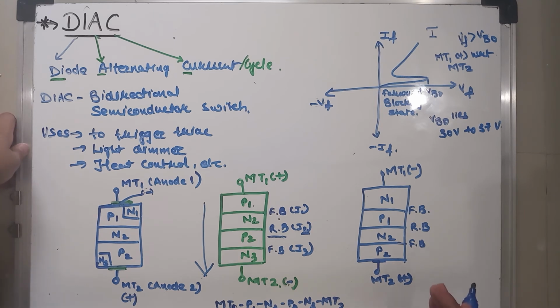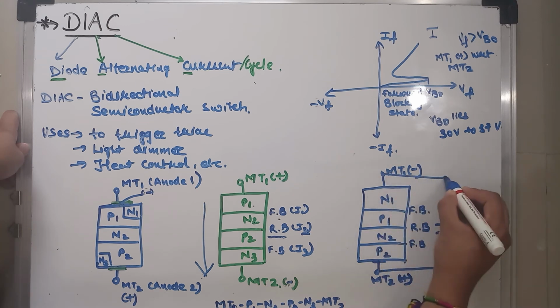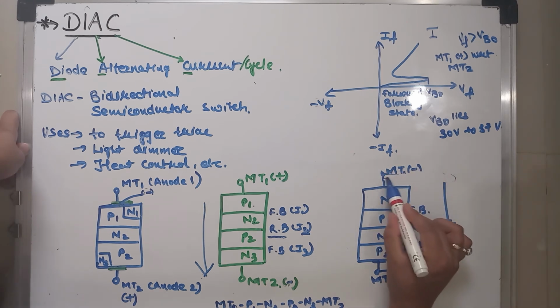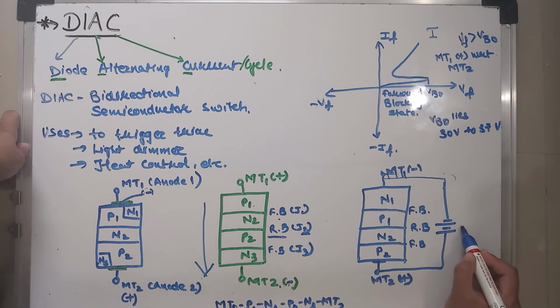So suppose I say here the external connection is negative like this, and here like this. Here is the externally applied voltage. Now this voltage exceeds the breakover voltage.